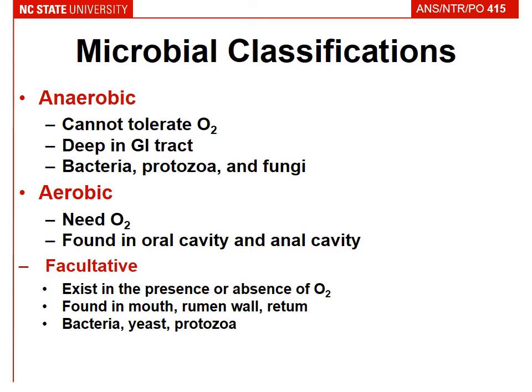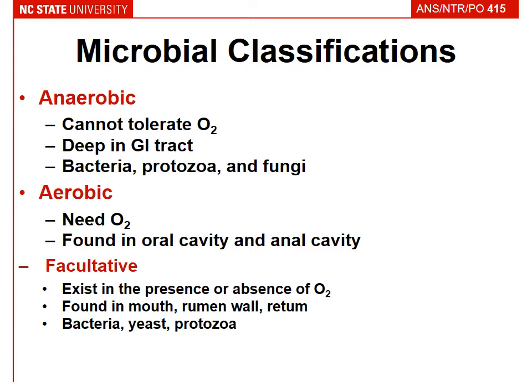And then the third group is the facultative, and these are bacteria that can exist with or without oxygen, so they are able to quickly adapt and change to where if they are first in the mouth, they can then, when they are in the depths of the small intestine, switch to where they will not die due to an absence of oxygen within the small intestine.